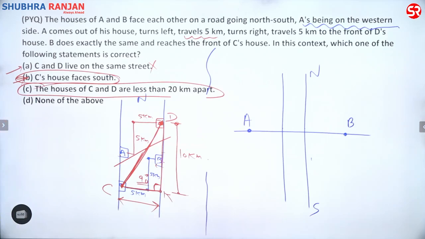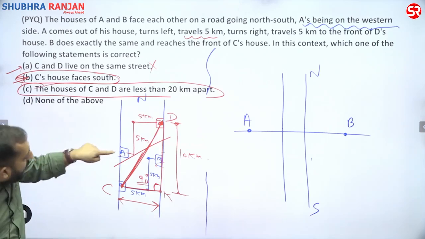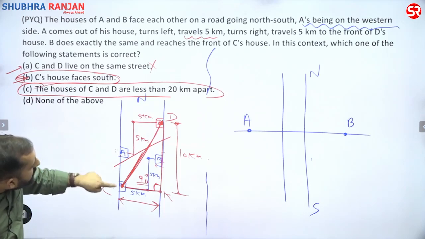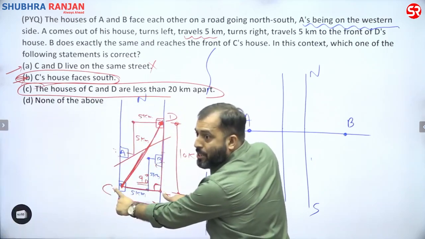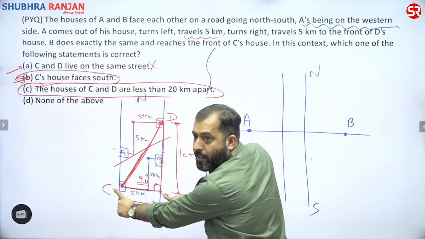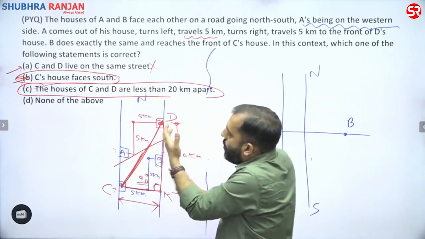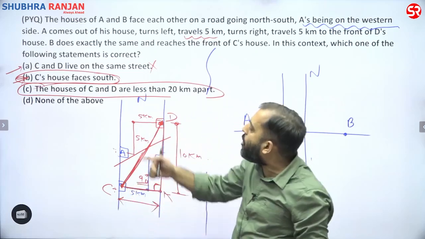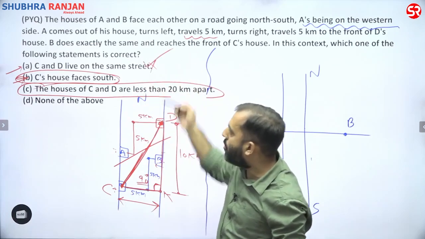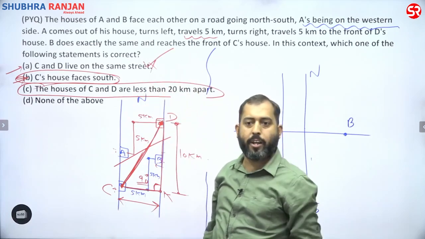How come? If A and C lie on the same street, then I can say this distance is 5 km. If you are taking this distance as 5, then according to this, option A has to be true again.